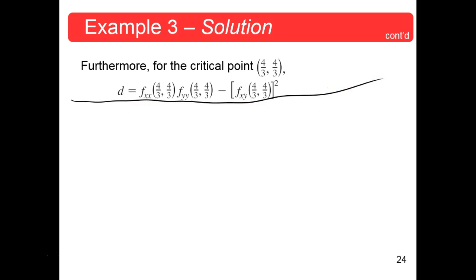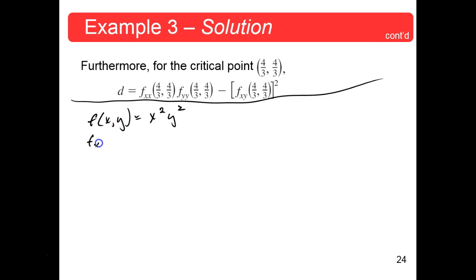All right. Find the relative extrema of this function. f of x, y is equal to x squared y squared. What would be your first step?